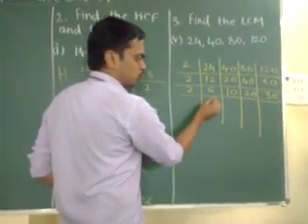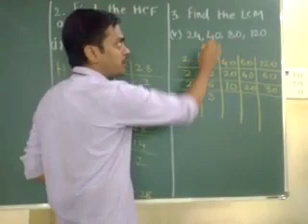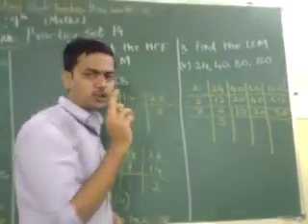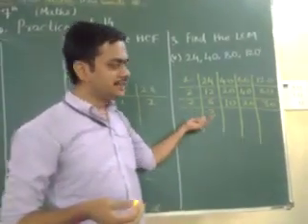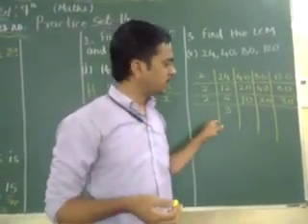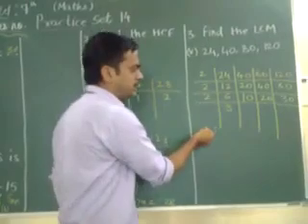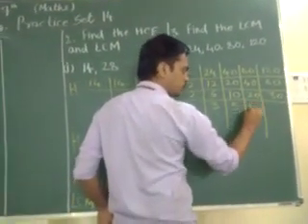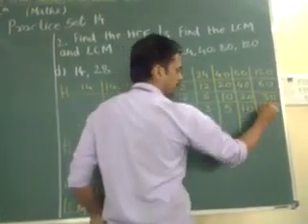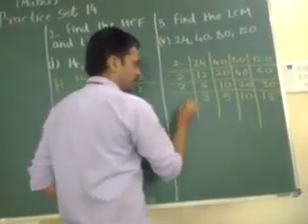So 2, 2 3s are 6. Remember what we are finding while solving this question. You should remember we are finding HCF or LCM. If you are finding LCM, then make sure that there is no common number, as you will see here. 2 3s are 6, 2 5s are 10, 2 10s are 20, and then 2 15s are 30.